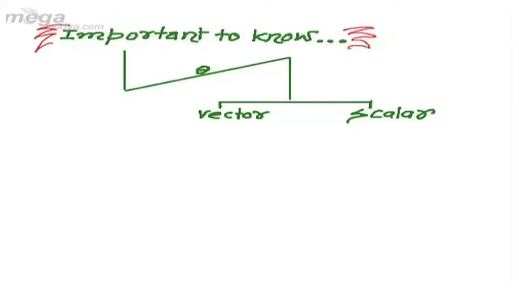So please remember this fact: it is the only quantity which shows vector nature as well as scalar nature under different ranges. What is the meaning of different ranges here? So remember, this angular displacement is a vector if it is a small quantity, and not if it is a large quantity.